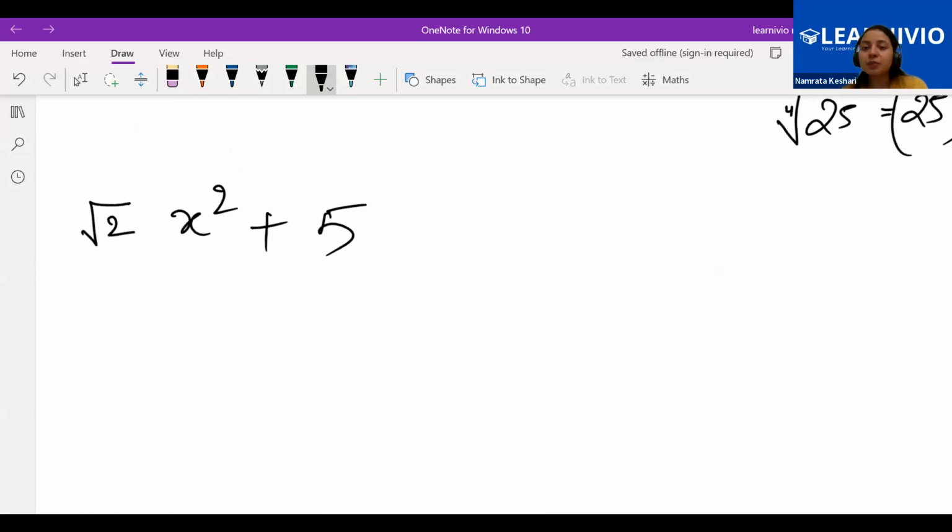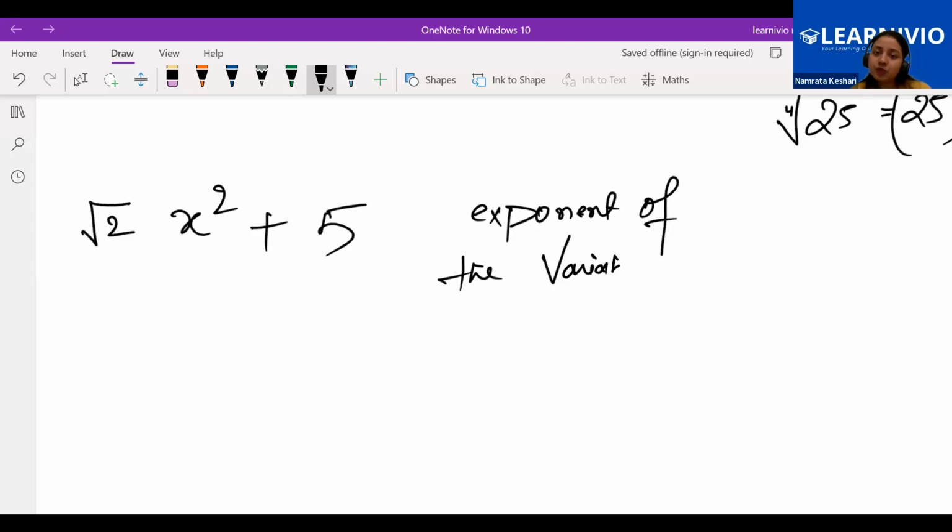Any other term, the number, coefficient, constant, can be anything. Anything is acceptable. So here, what is the exponent of the variable? Let me write it over here. Exponent of the variable term. What is the variable over here, Sara? x. What is the exponent of x?